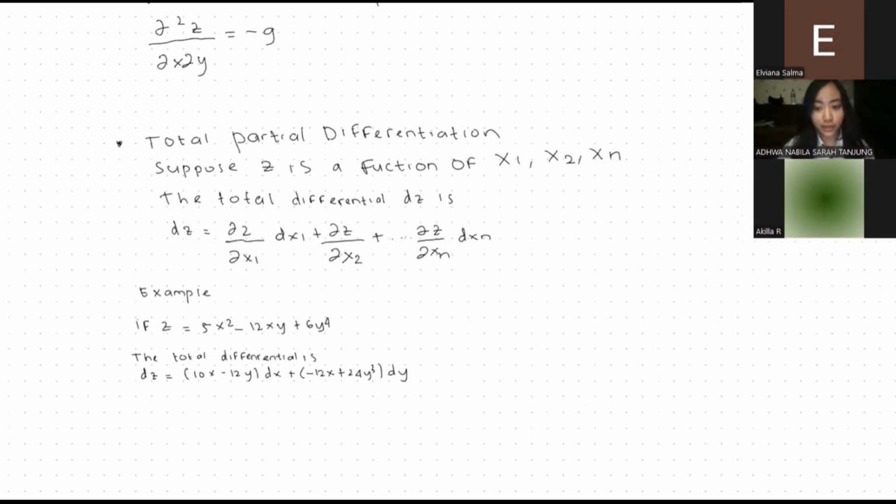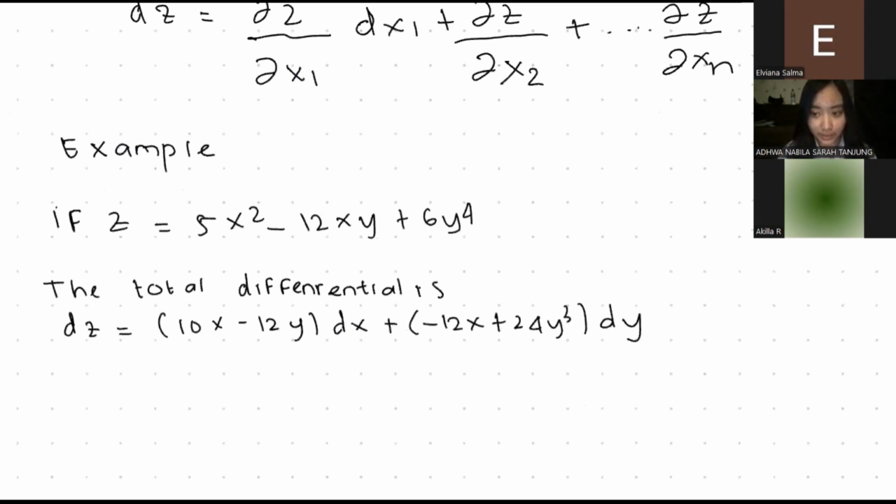The total differential dz is (10x minus 12y) times dx plus (negative 12x plus 24y cubed) times dy.